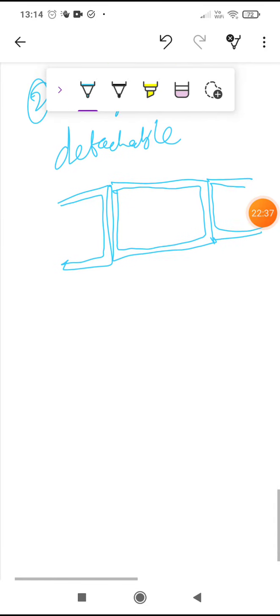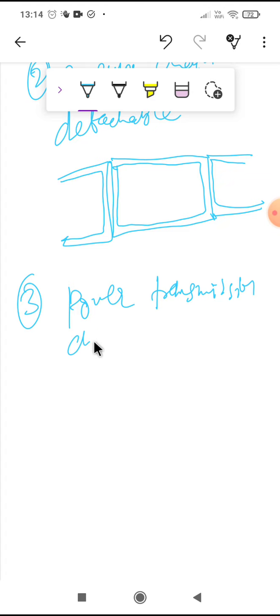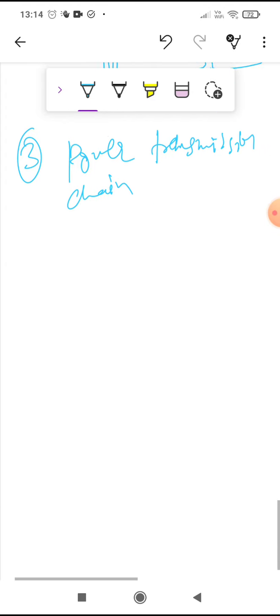The next type of chain, which is widely used, is the power transmission chain, which I drew here.